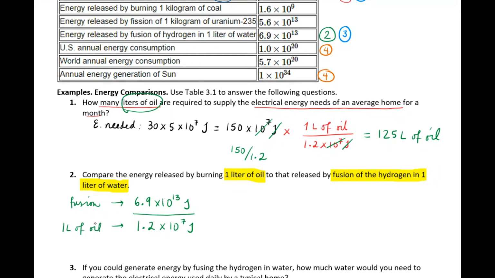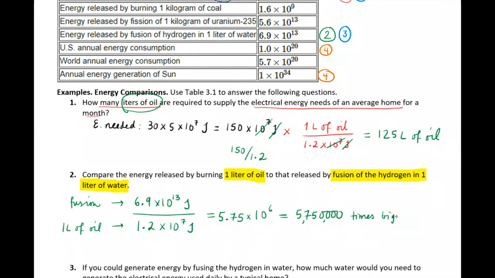I'm going to figure out how many times bigger one is than the other. 10 to the 13 divided by 10 to the 7 gives 10 to the 6, times 6.9 divided by 1.2, which is about 5.75. In standard form, that's 5.75 and then 4 zeros, so it's almost 6 million times whatever is released from 1 liter of oil.